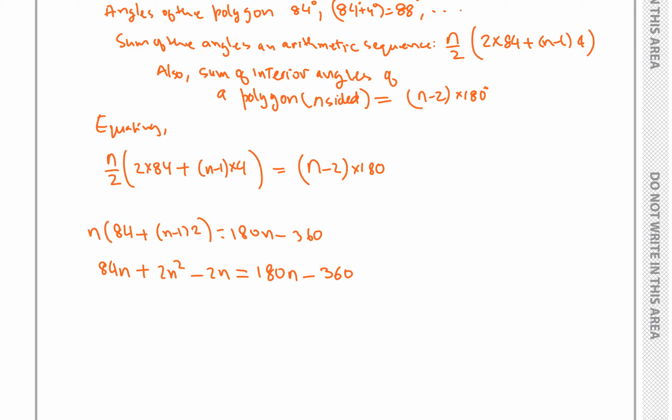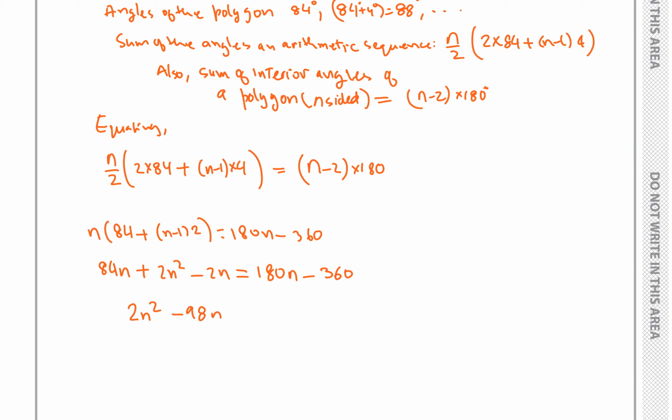So taking everything to the left hand side, we can write 2n squared and then minus 2n, 84 minus 2 is 82, 82 minus 180 is minus 98.